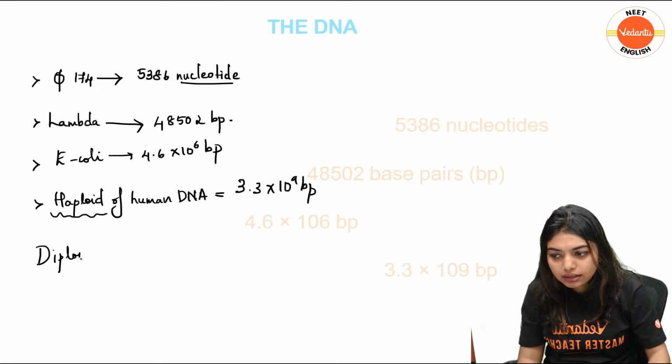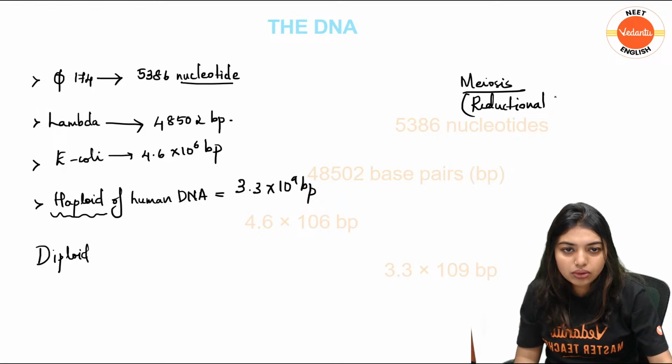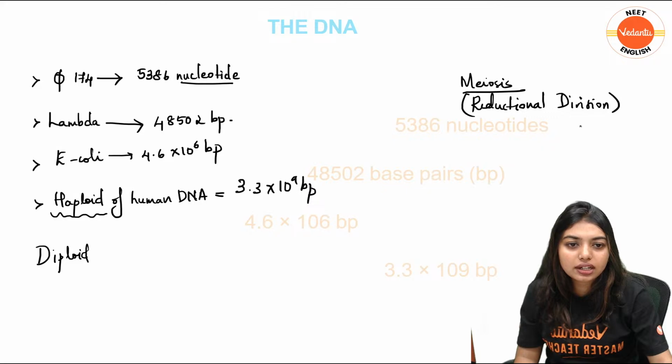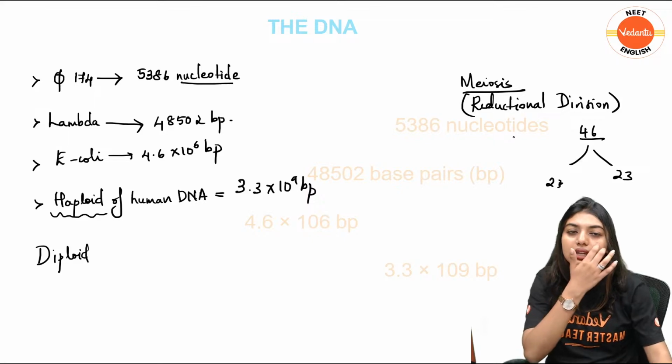We know about meiosis. We know that it is reductional division. And during that division, we have 46 chromosomes, 23 pairs.